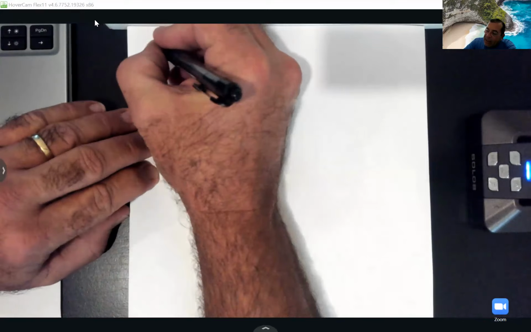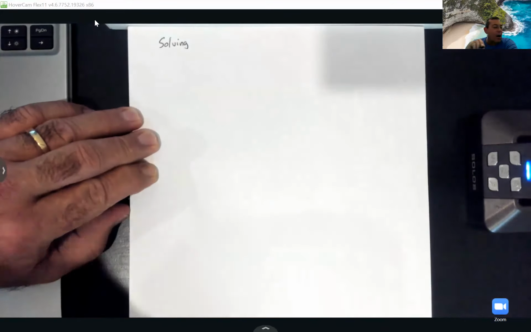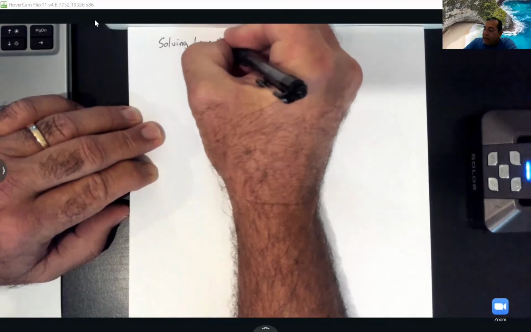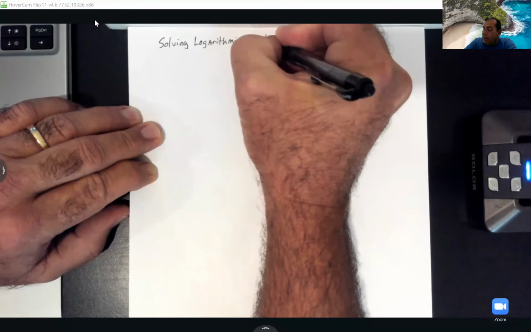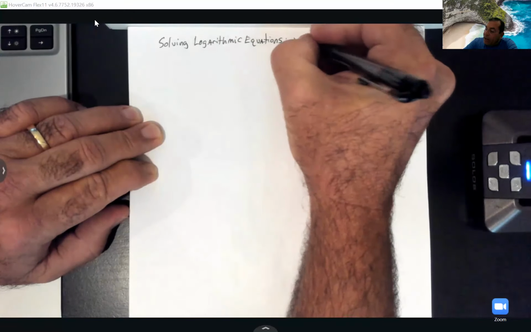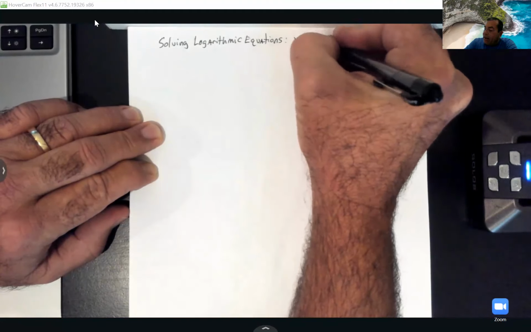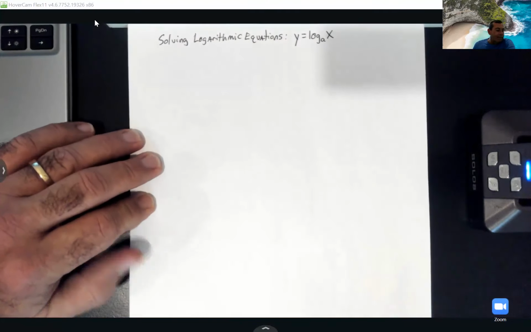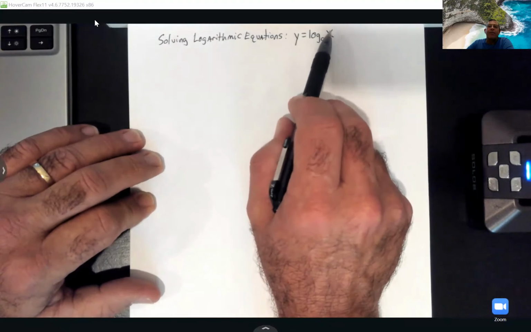So these ones, like I said, will be solving logarithmic equations. So logarithmic equations are like y equals log base a of my x. We're pretty much going to be solving for the x when it's these results here with my variable.